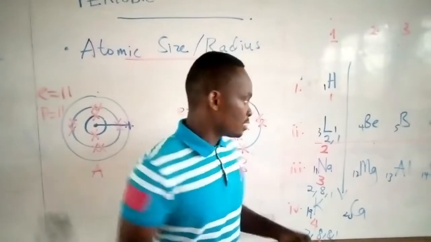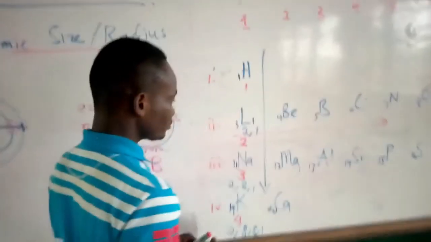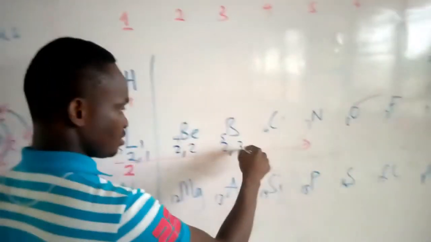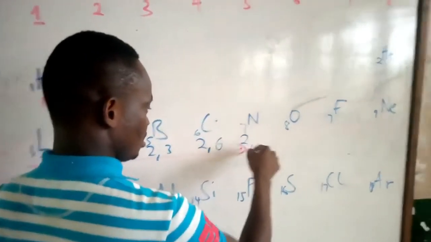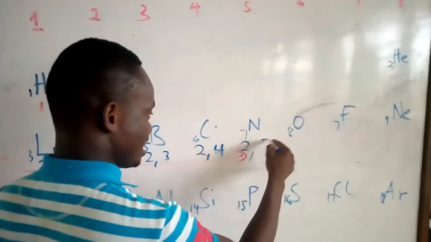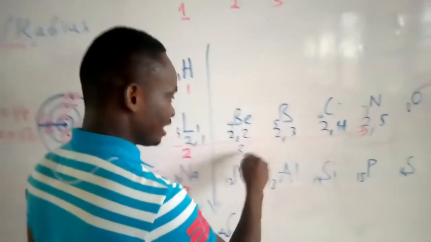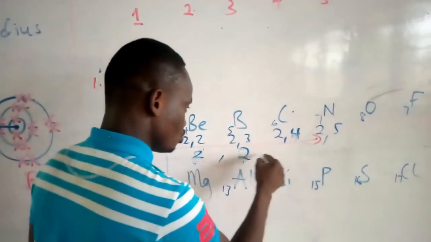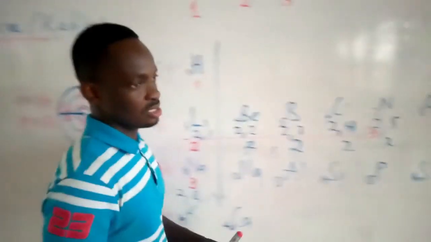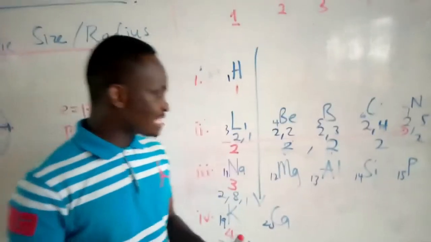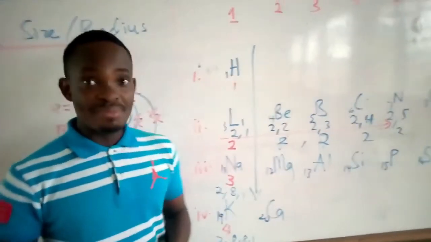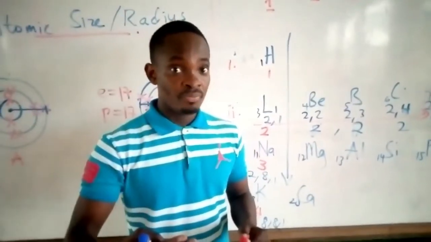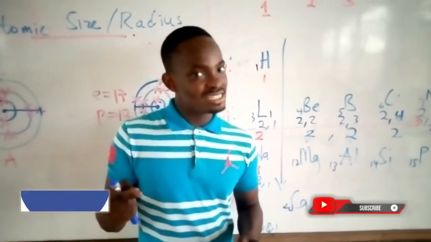Hope it's great. Let's go to across the period. Now, the same number of shells. They all have 2 shells. So the same number of shells. If the elements have the same number of shells and there's an increase in atomic number, there's an increase in nuclear attraction.